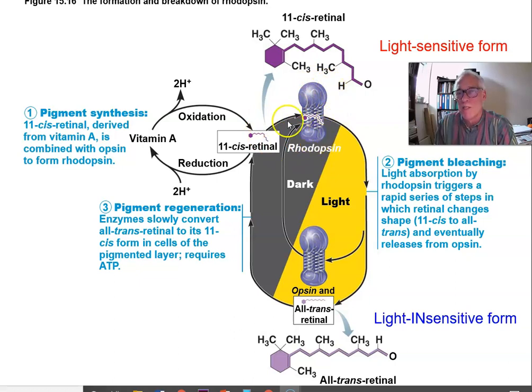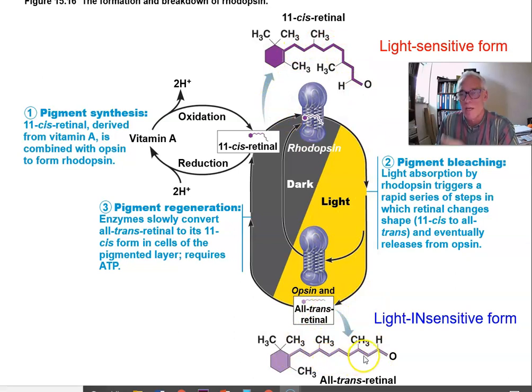Or if you're lying in bed sleeping, this is how all your rhodopsin looks. Then you turn on the lights and photons begin to be absorbed by that rhodopsin. What happens? The energy from those photons causes that kinked retinal to become straightened, and that cis arrangement at carbon 11 will be shifted to the trans position, which is the position of all the other ones.